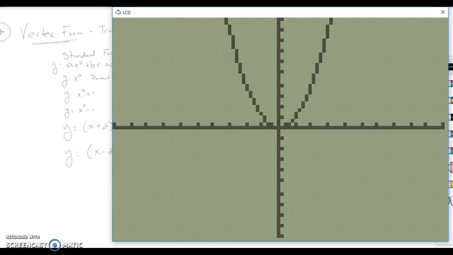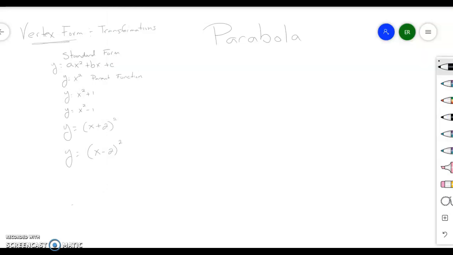Now, the important thing that we need to understand is that each one of these has a vertex, which in this case would be the absolute bottom of this graph. So if you were to zoom really close in, the bottom of this graph right here would have an absolute lowest point, and that point is called our vertex.